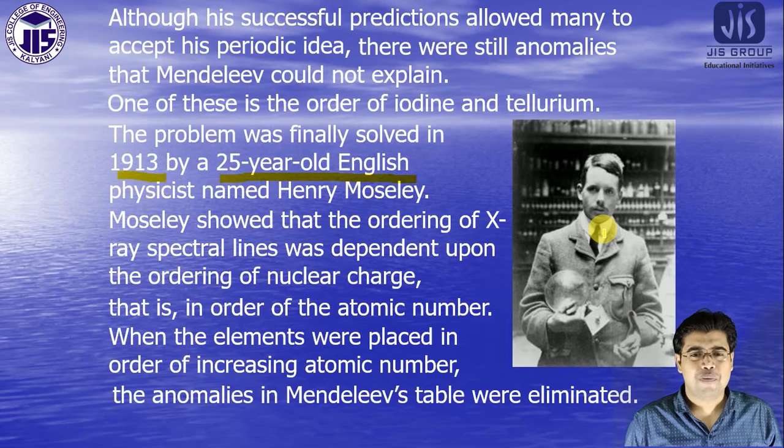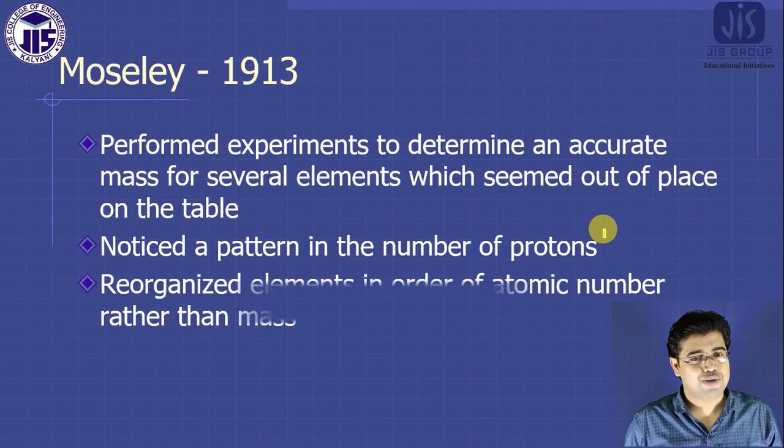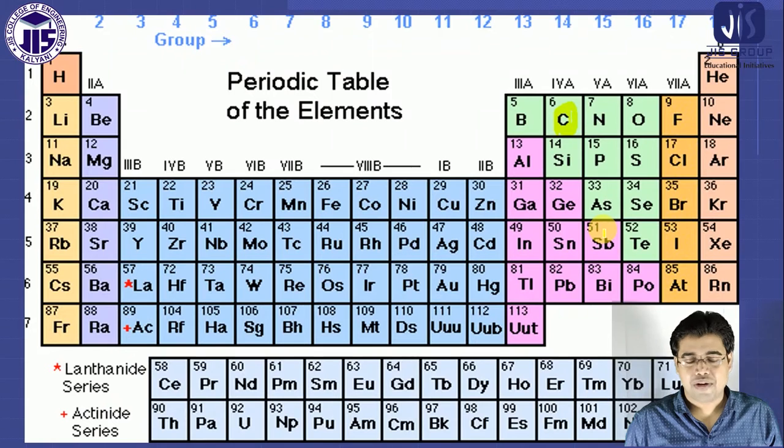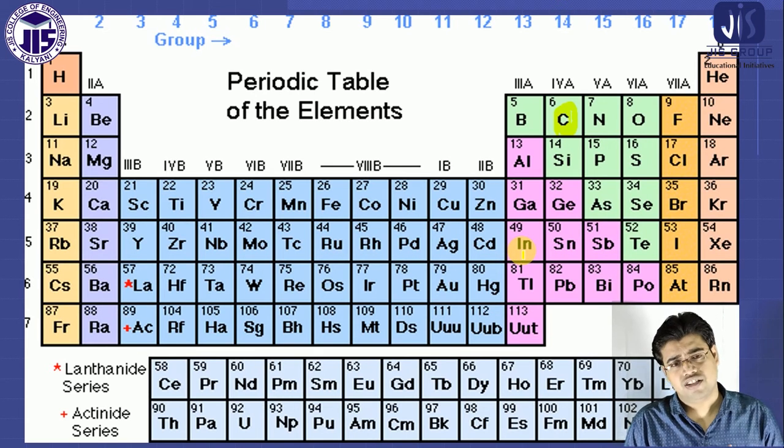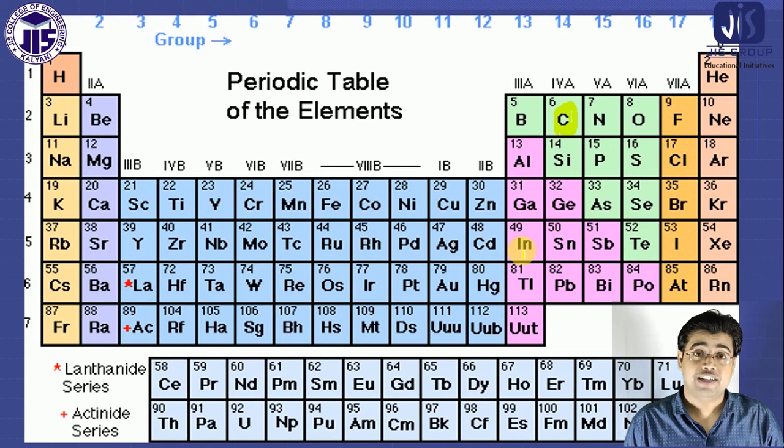So there is no problem when we think according to the atomic number. That problem was also solved. Another problem, which I told you about, was that different kinds of metals have different properties. That was also solved when developing the modern periodic table. Now come to the factors which we have to know regarding the modern periodic table.